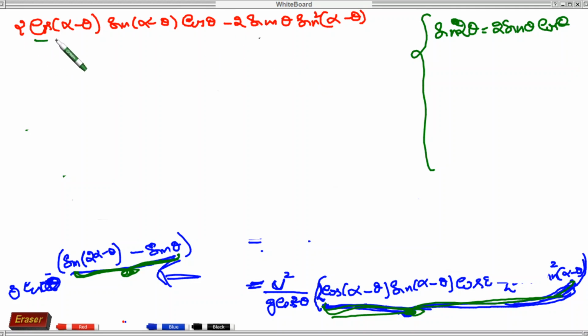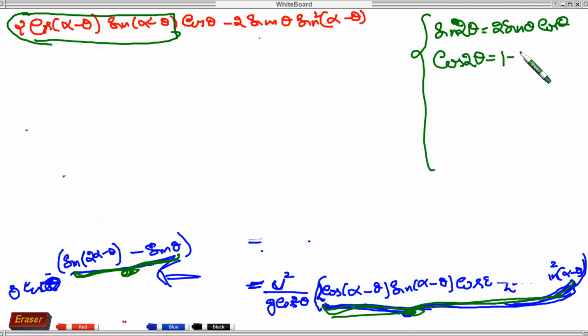We are going to use this, and the whole thing changes from here to here. There is one more thing: cos 2 theta is equal to 1 minus 2 sine square theta, or 2 sine square theta is equal to 1 minus cos 2 theta.